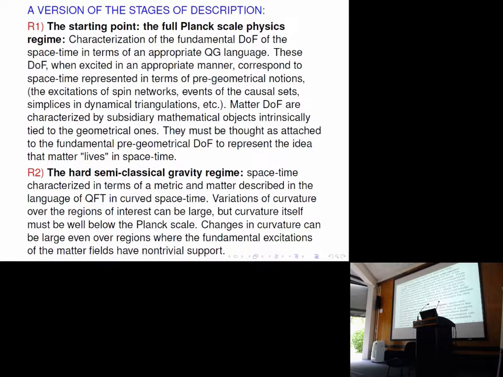Okay, so how would this strategy be in principle implemented? Well, first of all, we have to recognize that we will have to pass through certain different regimes.